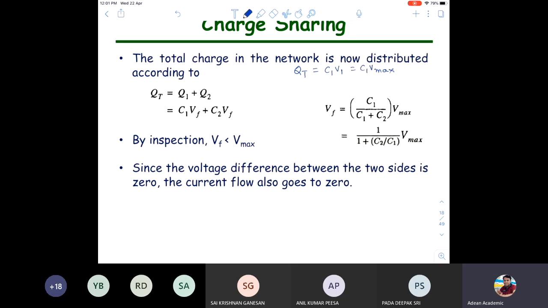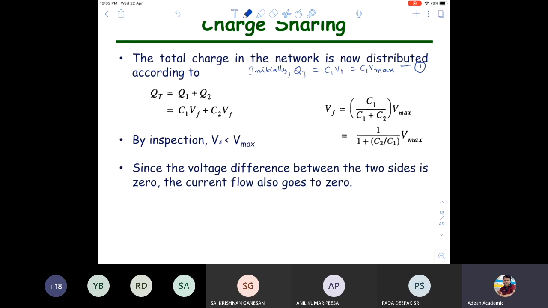But what is the charge in the second capacitor? C2 V2, and V2 is 0. The second capacitor was isolated, therefore the charge is also 0. So in the first case, the second capacitor does not hold any charge because it is isolated. The total charge exists only in the first capacitor. So initially, Q1 is equal to C1 V1 is equal to C1 Vmax. This is equation number 1.